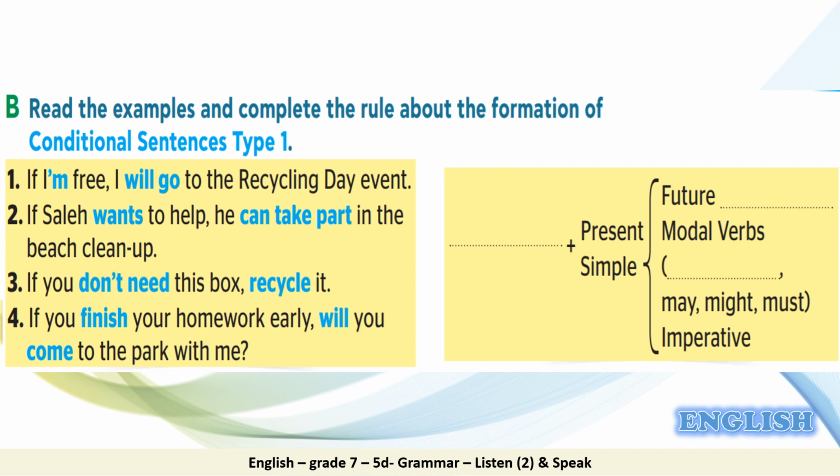These are conditional sentences type 1, and they consist of the if clause and the main clause. As you can see, we use the present simple in the if clauses, while we use the future will, a modal verb such as can, might, or must, or the imperative, as in sentence number 3, in the main clauses.